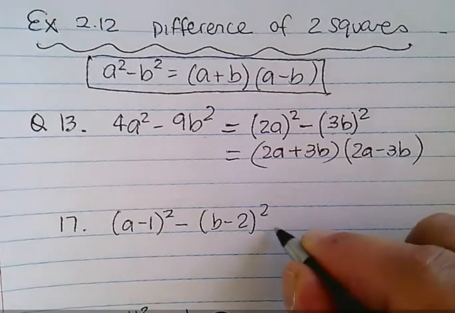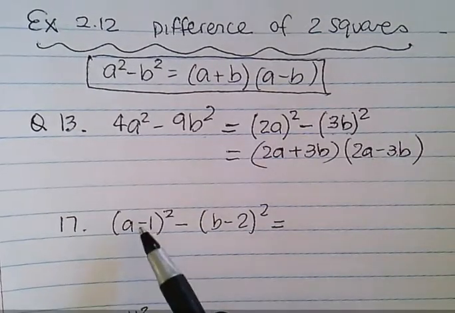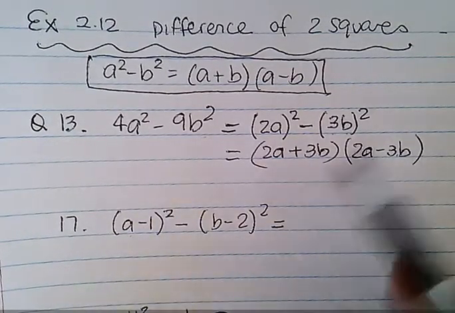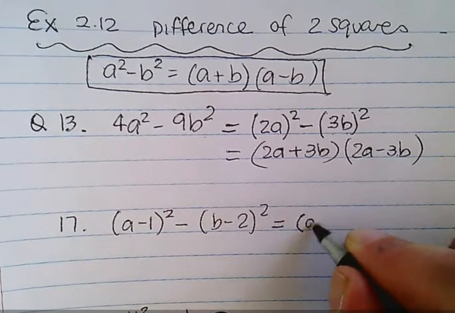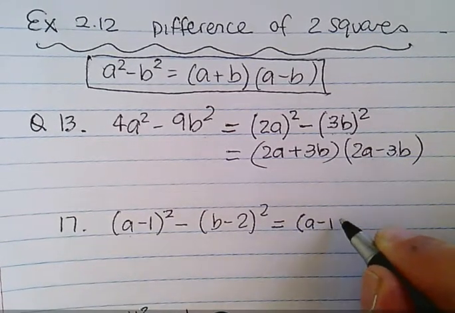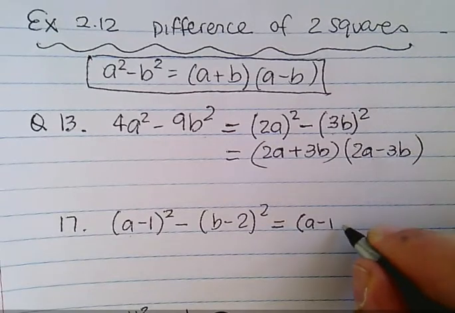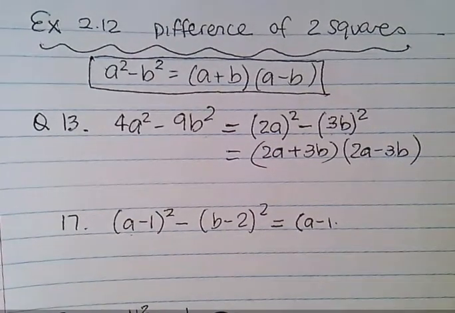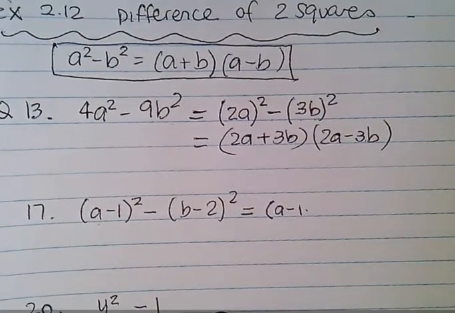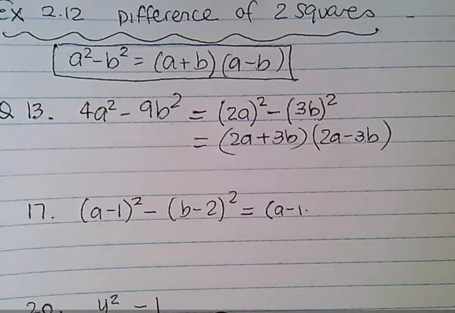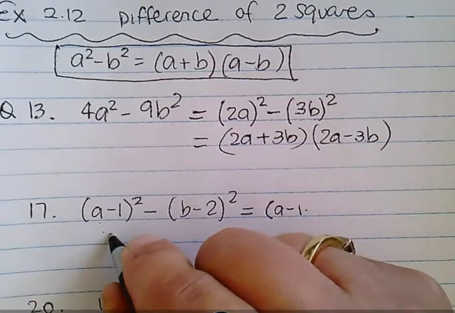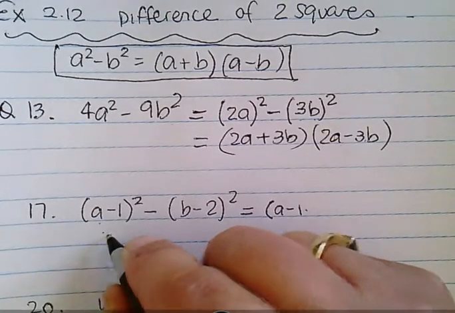Okay, be careful with this one. This is of the format a squared minus b squared. Your a is a minus 1, but your b is, do you want a plus or minus first? Do you want to do a plus b, a minus b, or a minus b, a plus b? It doesn't matter, but this is your a. Or you could call it x if you wanted.